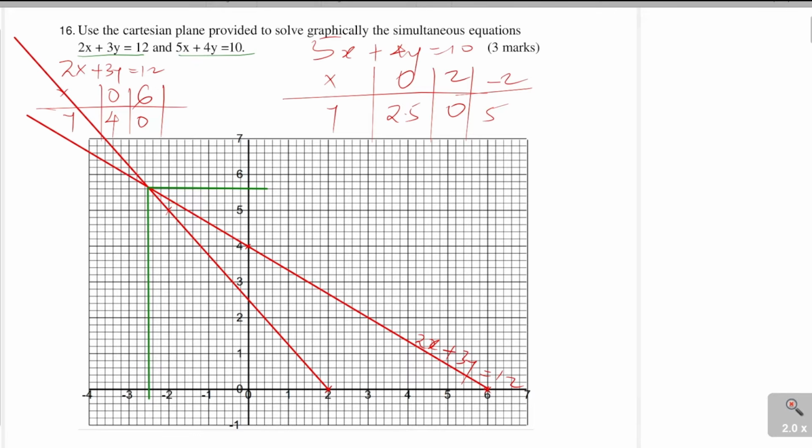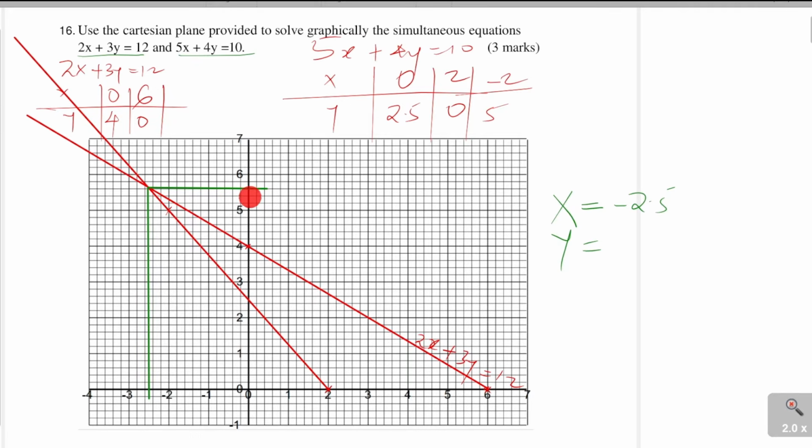The size of one small square is 1 divided by 5, 0.2. So these will be 0.2, 0.4, 0.6, around 0.6 there. So the x of the point is negative 2.5, which is here, and then y is here.